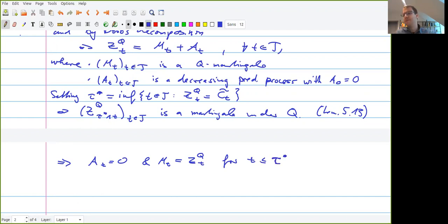Because up to time tau star, we are a martingale, right? So this decomposition is unique. So the only way I can decompose a martingale is to say that my predictable process A is constant 0. So this means M is equal to my Snell envelope.